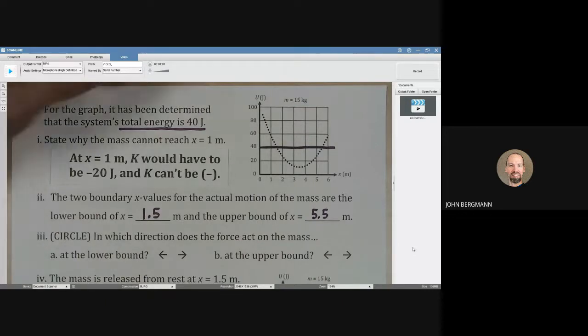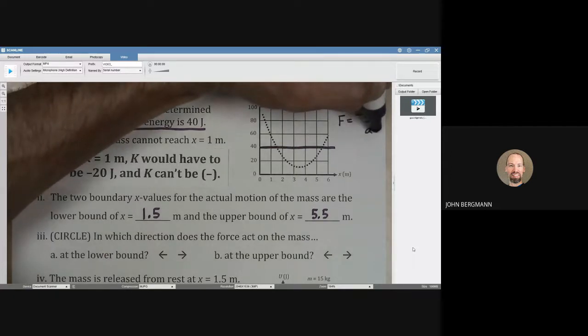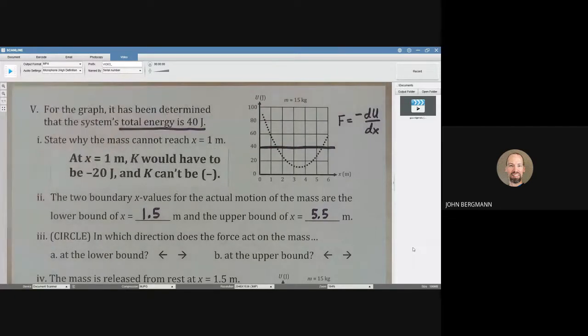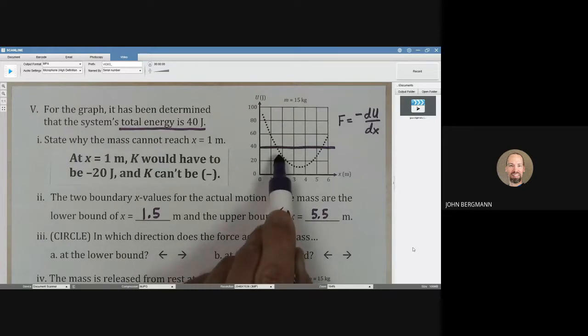Let's see. What was the equation? The force is the negative derivative of potential energy with respect to position. In other words, the force is the negative slope. At x equals 1.5, this is a negative slope, which means the force is positive.